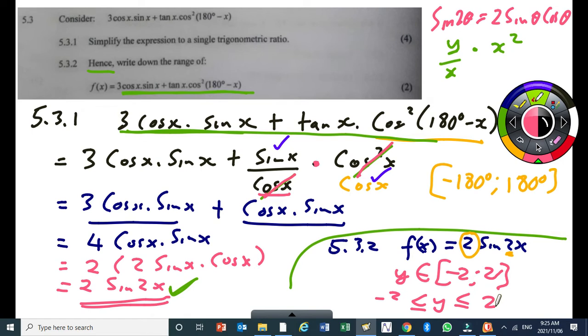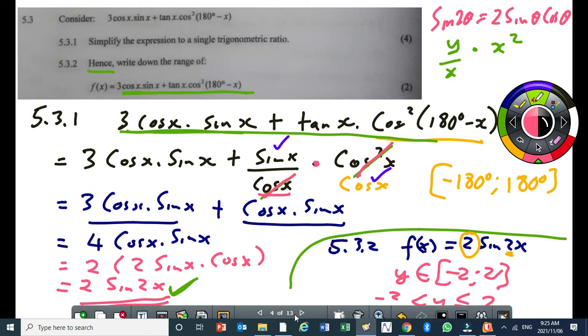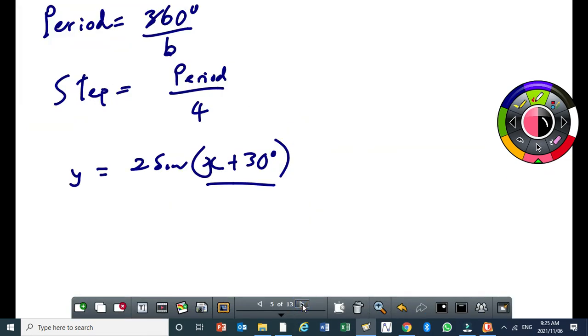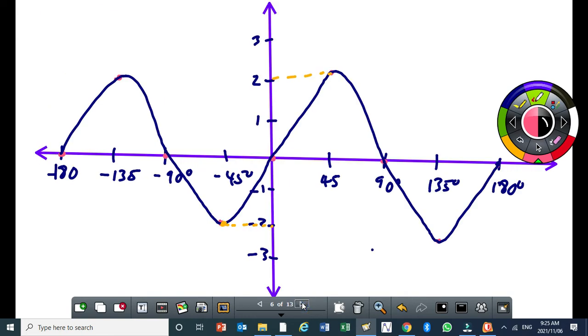Okay? Are you following? Please know what range is. Range is the set of the y values. You have to know it on Monday. Then you might get a question asking you, what is the amplitude of this graph? The amplitude has got a formula, which I'm going to tell you now, which you need to know.